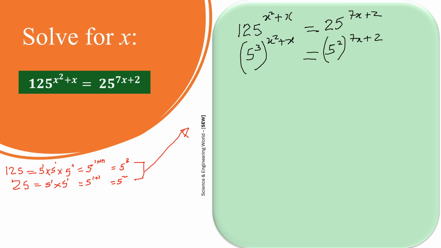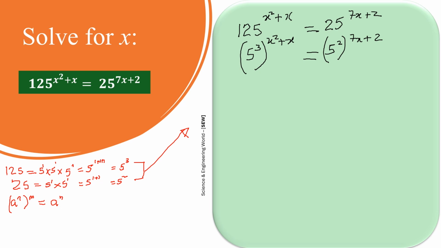Again, looking at the above, there is another law of indices: a to the power n, all to the power m, is equal to a to the power n multiplied by m.